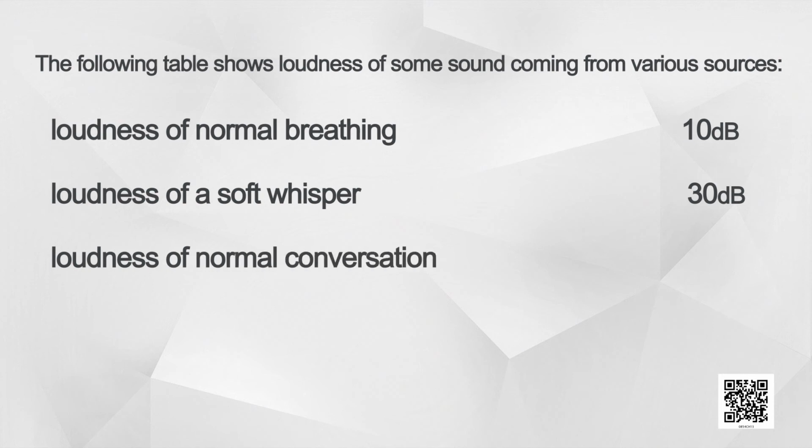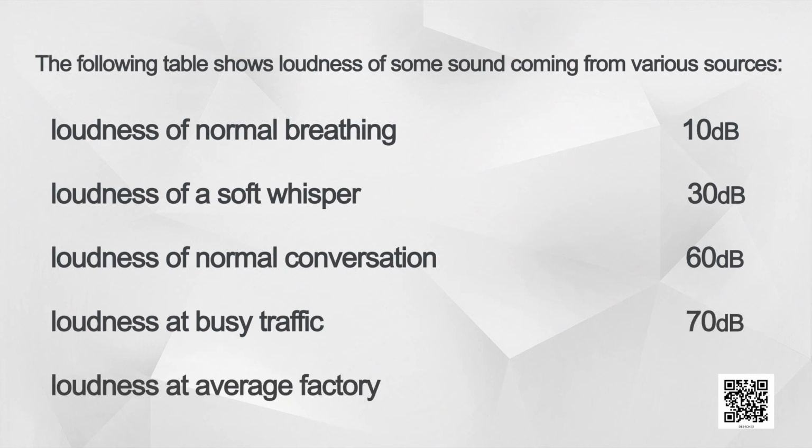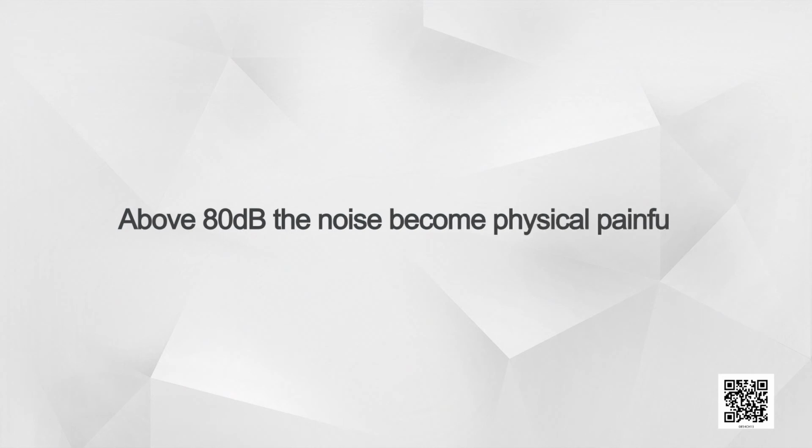Loudness of normal conversation is about 60 decibels. Loudness of busy traffic is up to 70 decibels, and loudness at an average factory site is about 80 decibels. Above 80 decibels, the noise becomes physically painful.